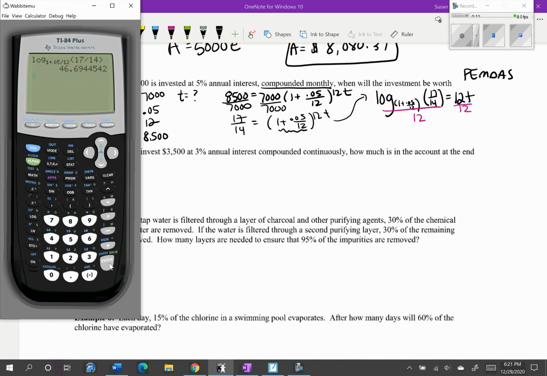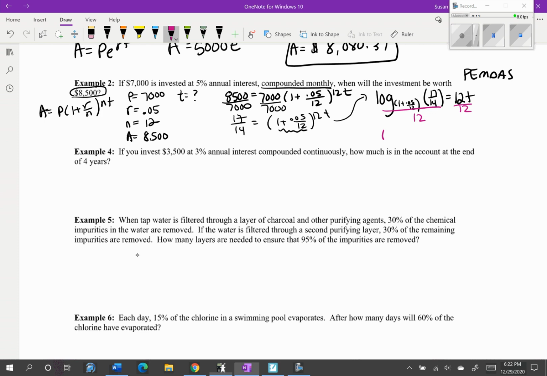And of course we have to divide that by 12, and we get t is equal to 3.9 years. Almost forgot to divide that 12 out. So now we have our answer.